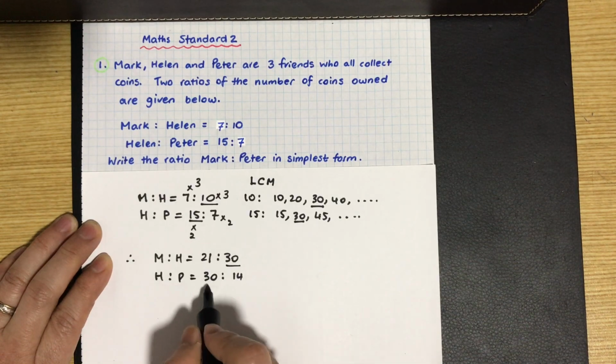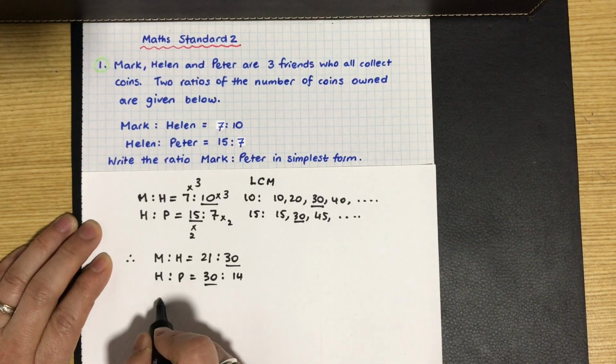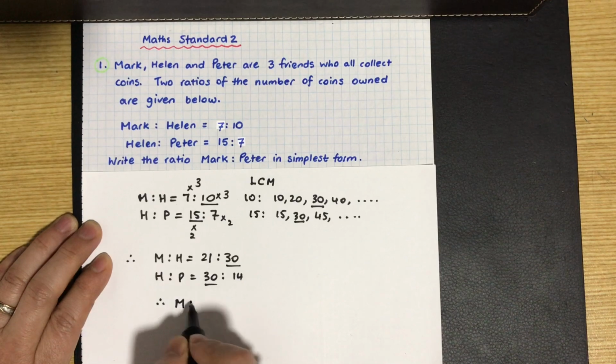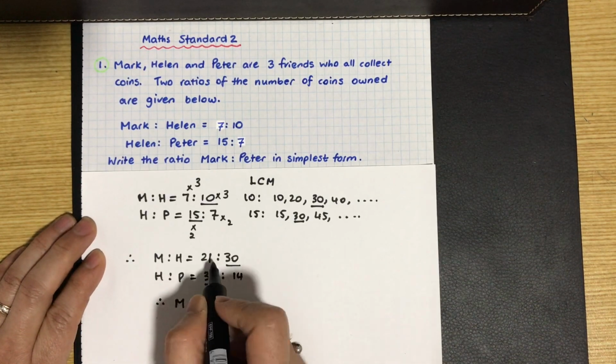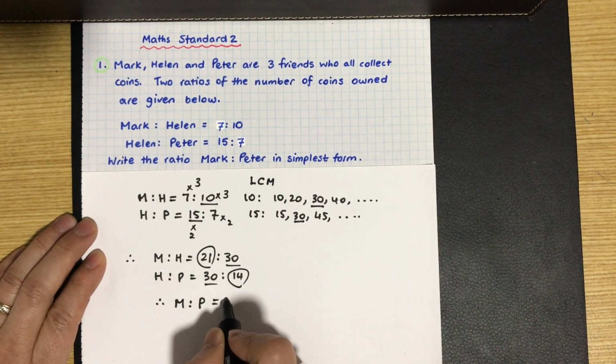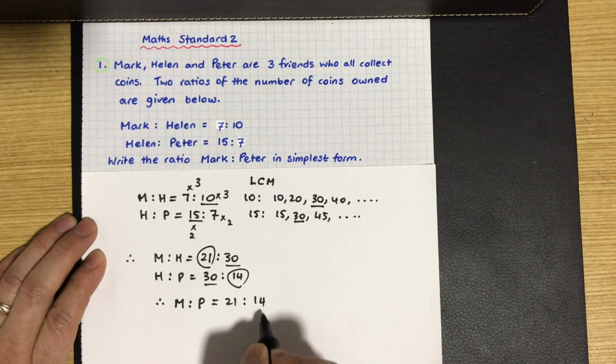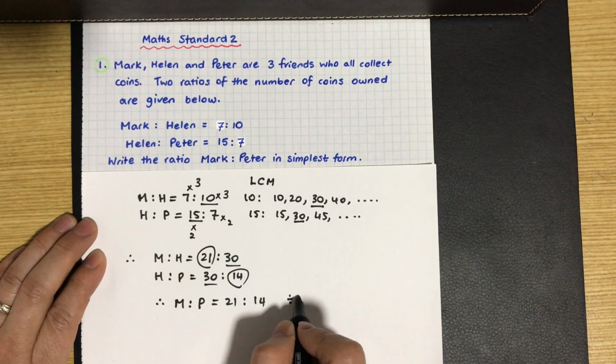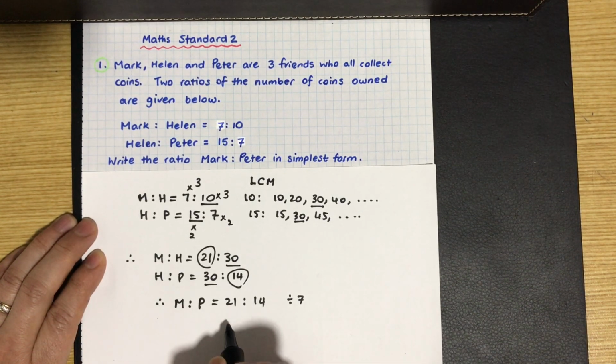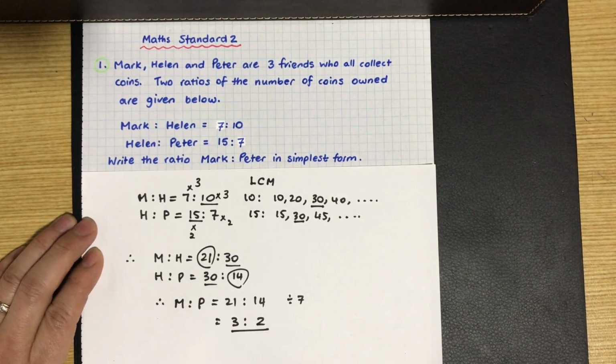Now we have Helen as 30. So now the ratio for Mark and Peter will be 21 to 14. Now we can simplify this by dividing by 7 on both sides. It'll be 3 to 2. So that'll be our answer.